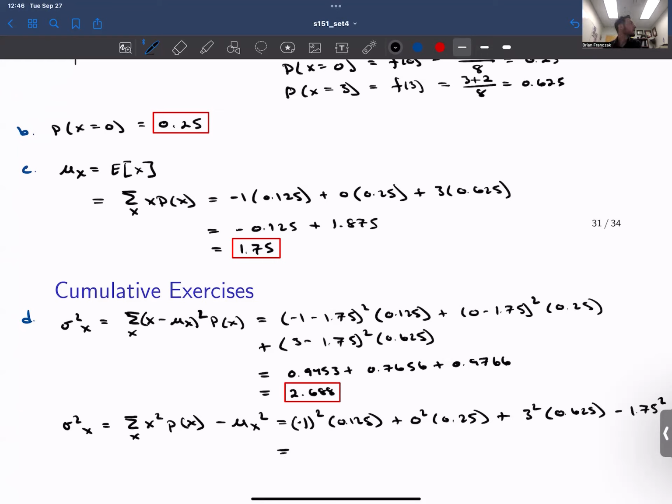So this is going to give us 0.125 plus 0 plus 5.625 minus 3.0625, and that gives us 2.688.